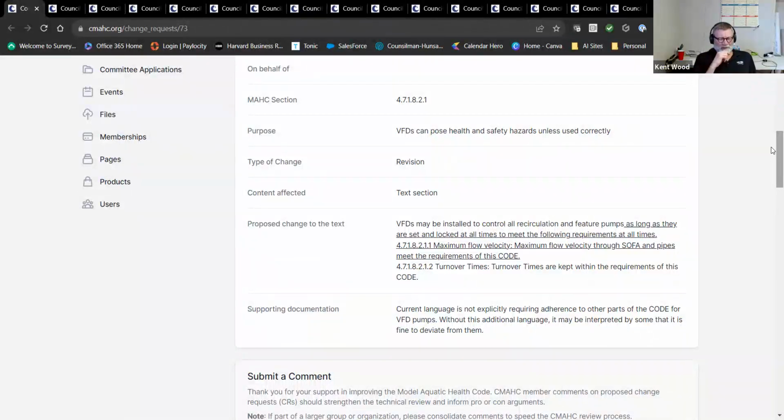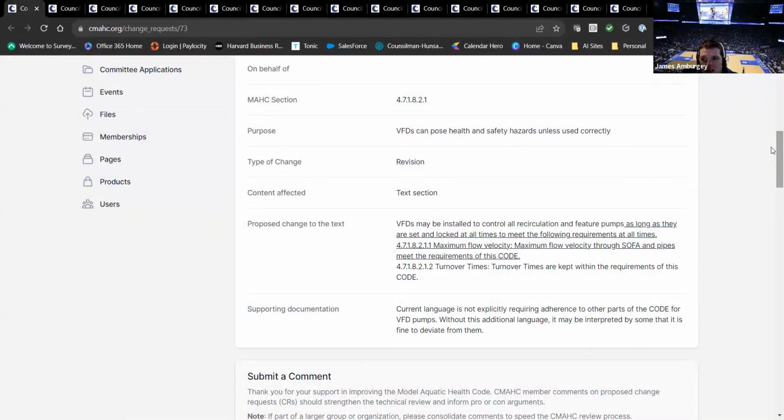Well, I agree with you, James. And one of the things that we do with VFDs is manually ramp them up during backwash. And if you set it and lock it, you don't have that ability. So this one might have unintended consequences.